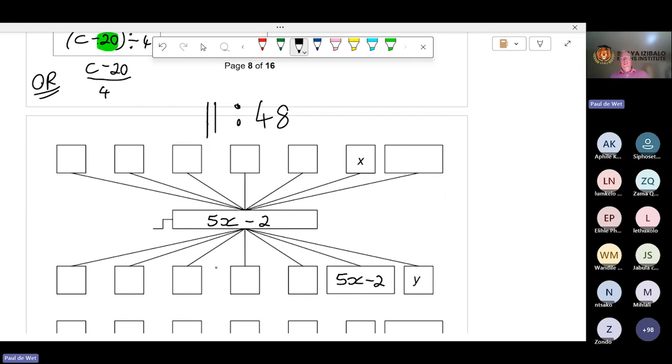For example, I'm going to ask you to work out this one. If that's an input, what's the output? And I'm also going to ask you to work out this one over here.